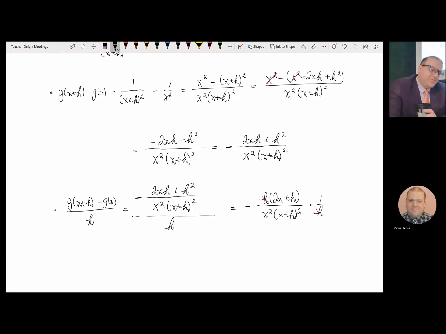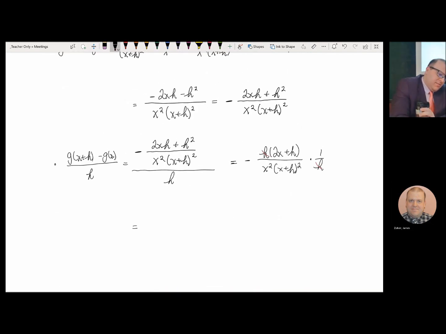You get h over h. Thus, our difference quotient would be 2x plus h all over x squared times the quantity of x plus h squared. And there's your difference quotient.